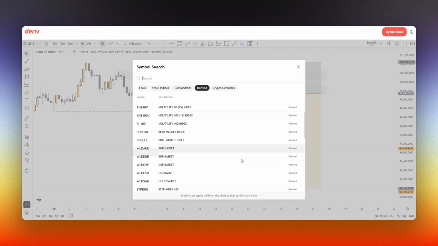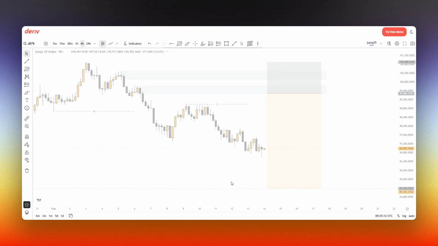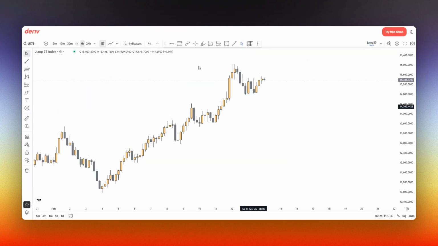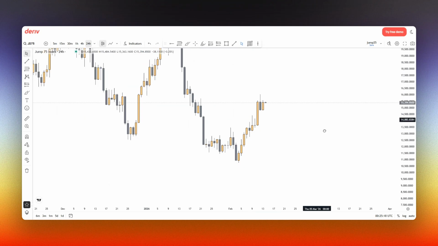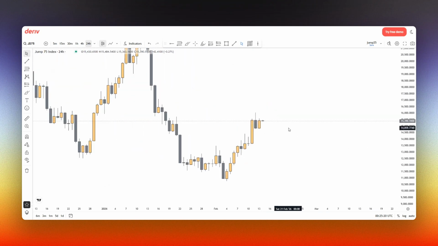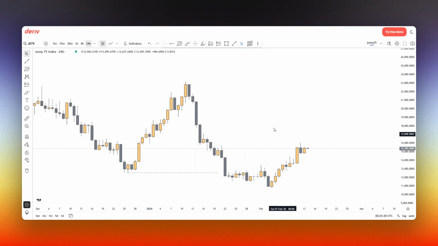Then it's Jump 75. Already, what I can see is this being a break of structure.